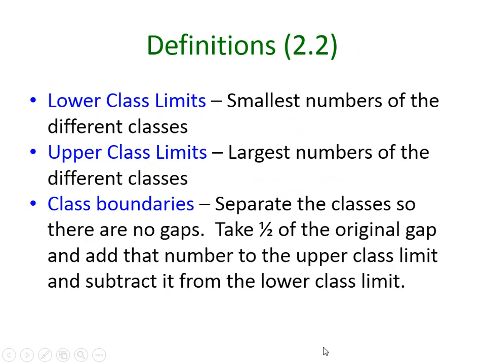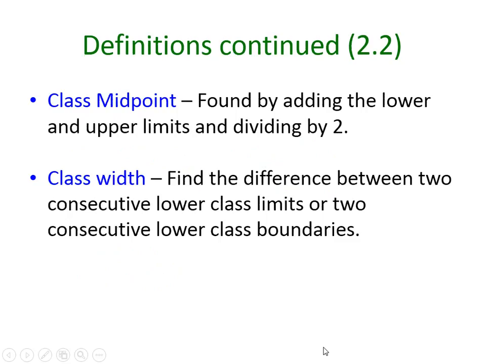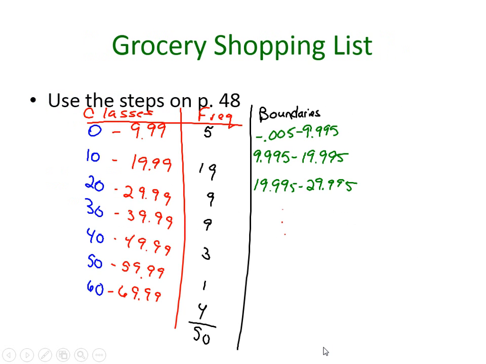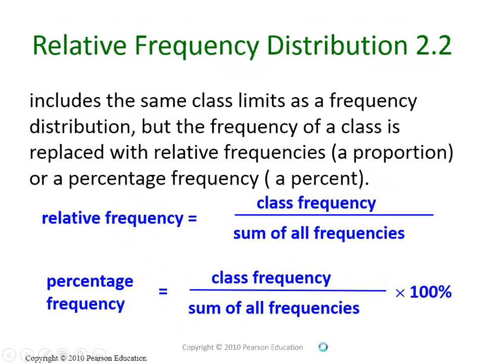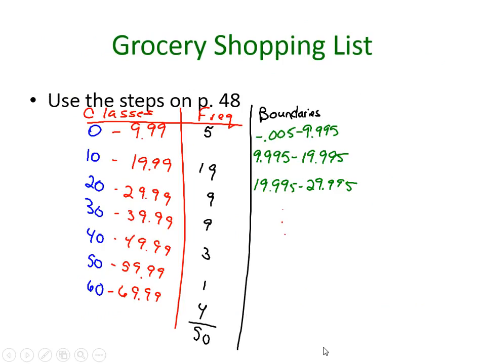Okay, the next one we looked at was the class midpoint. To find the class midpoint, you add the lower and upper limits and divide by 2. It does not matter if you use the upper and lower class limits or the class boundaries, whichever one's given to you. In this case, the limits would be the easiest.